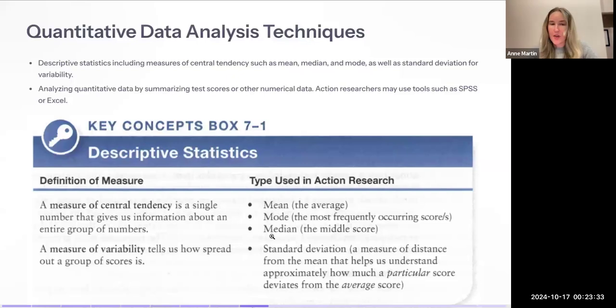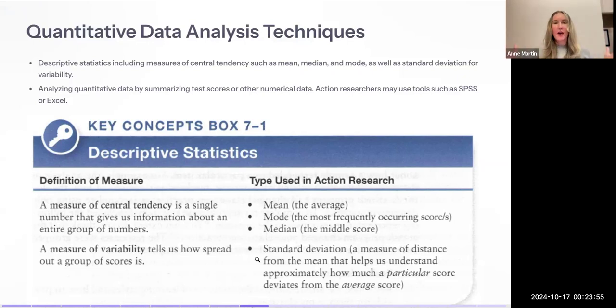And then we also have variability. The text does a good job talking about how variability can add on to central tendencies, so you would use both of these for a data set. You might choose to use the mean and then, there are other types of variability, but for our purposes, we're doing standard deviation.